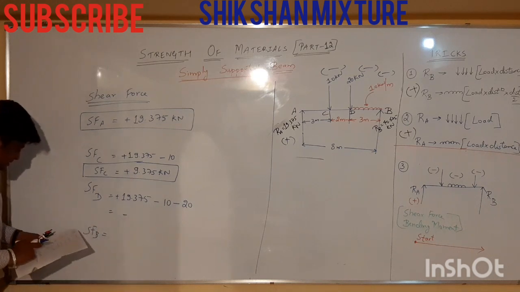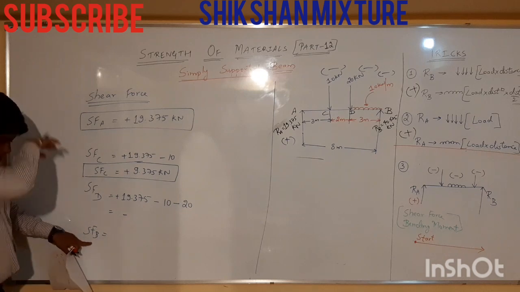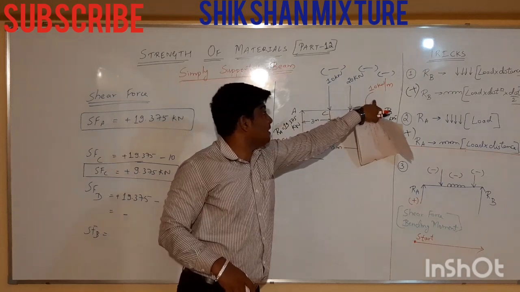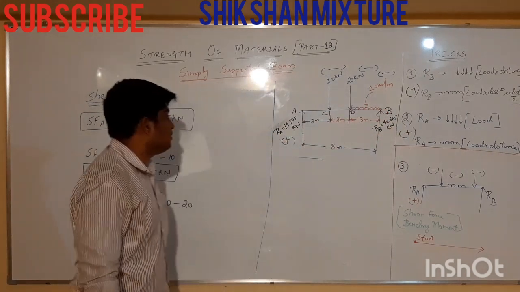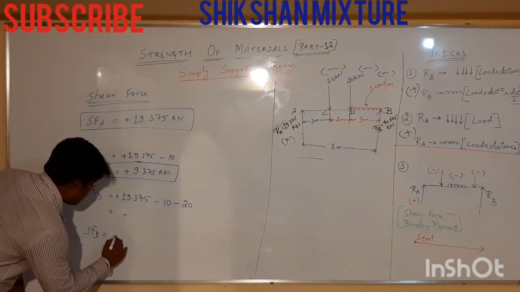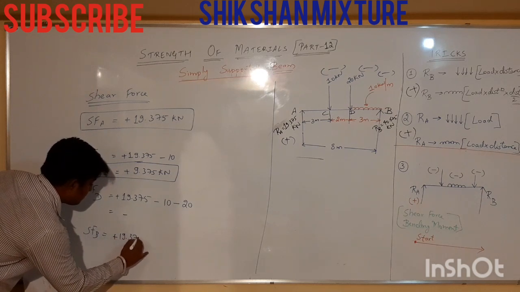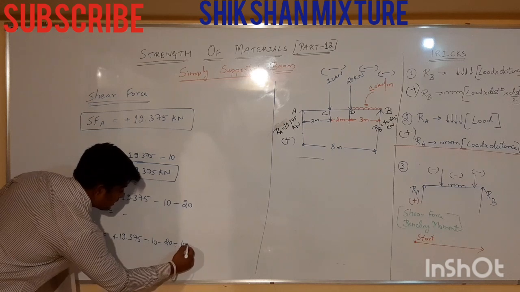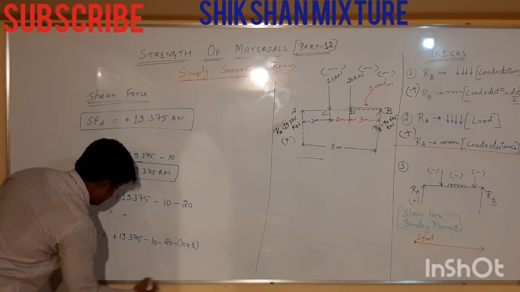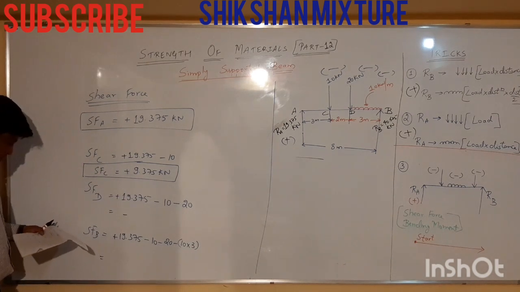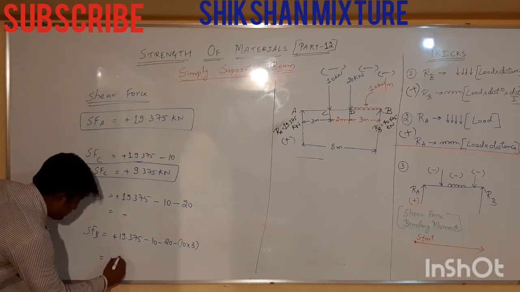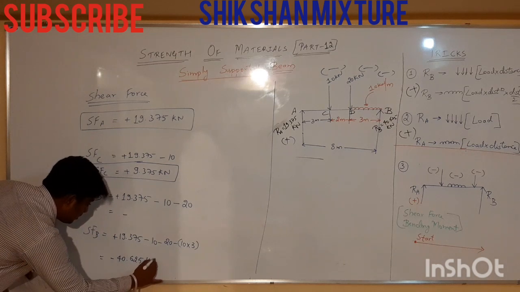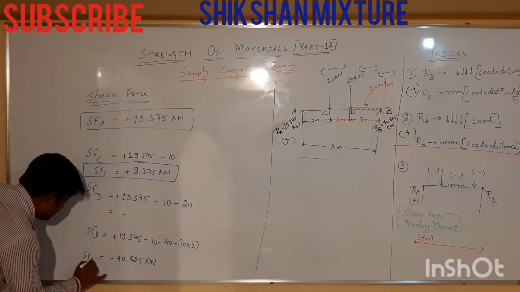Later we will calculate. Let us write at B. At B we will write 19.375 minus 10 minus 20 minus 10 into 3, and this will be minus 40.625 kilonewton. SF at B.